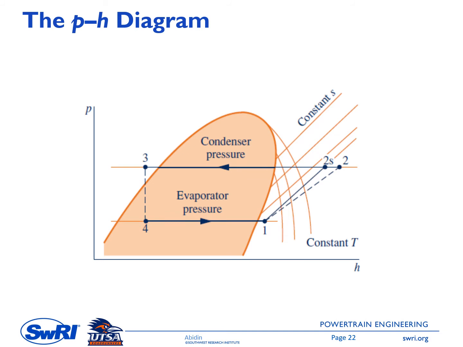Okay, and then you also see a constant entropy line, and then this line is a constant temperature line. So once again, when you take the elective course of refrigeration system, you will work mostly with this pH diagram.